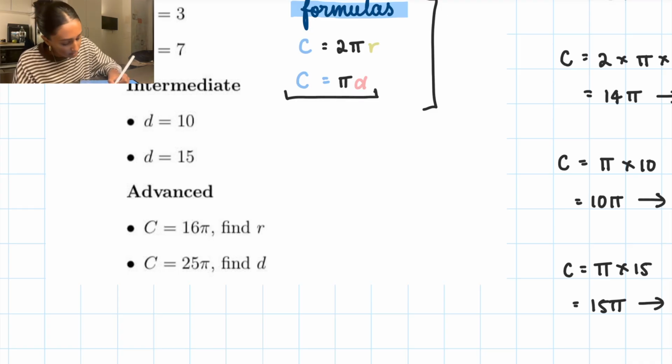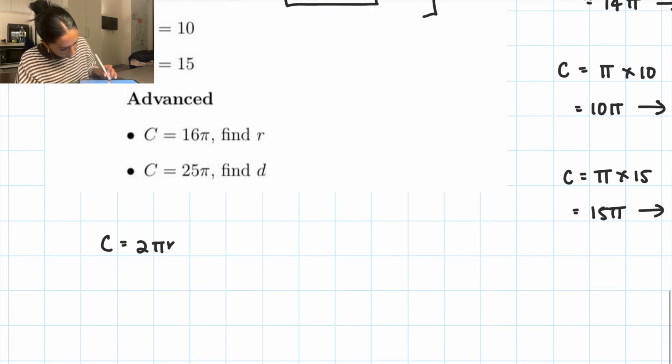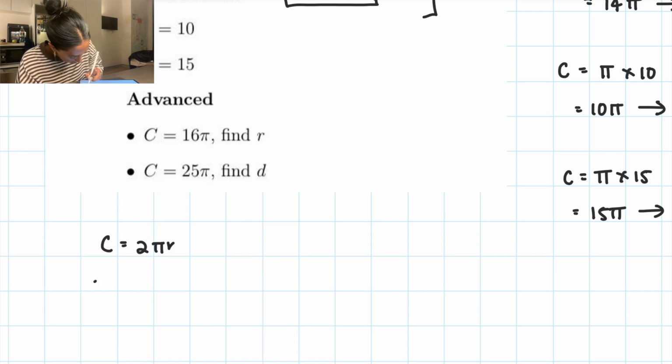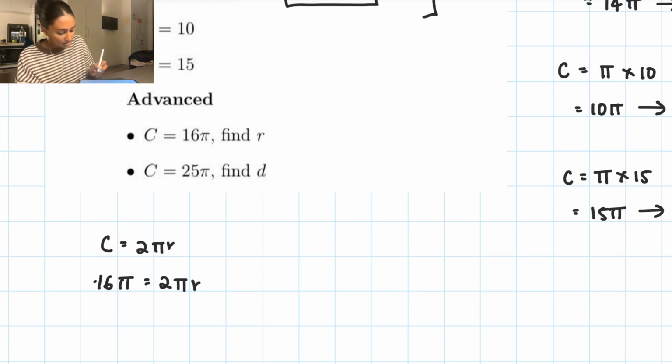So we're going to be using this top formula here, formula number 1, because you're trying to find the radius, and out of the two, that's the only formula that's got radius in there. So rewriting the formula, C equals 2 pi r. I'm going to scroll down. The C is equal to 16 pi, which is equal to 2 pi times the radius.